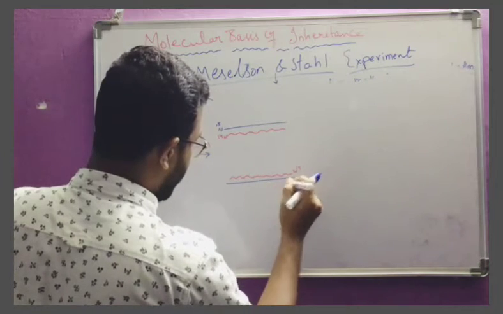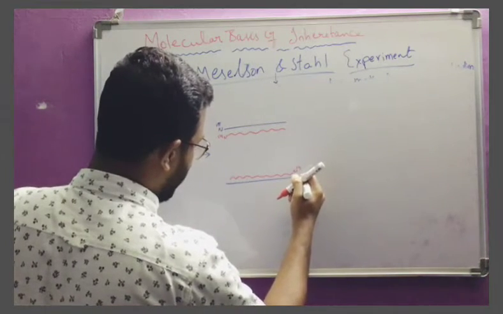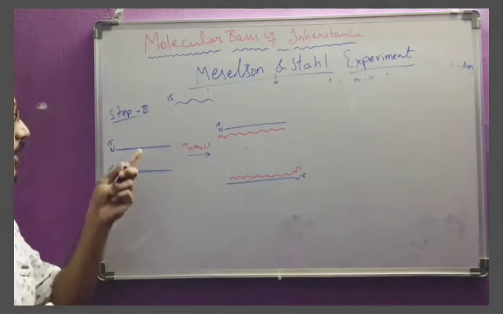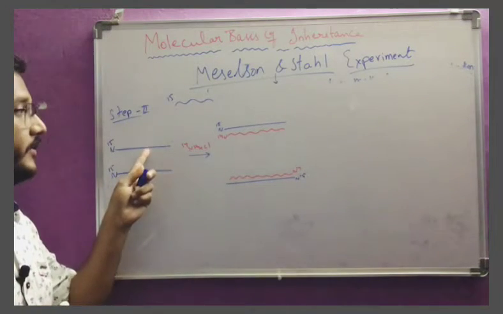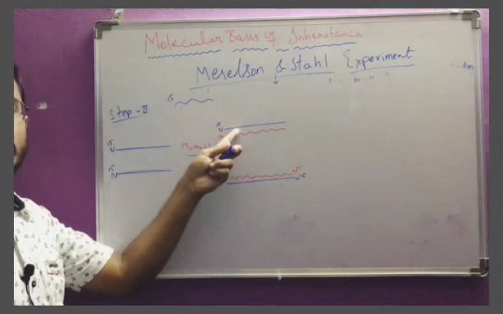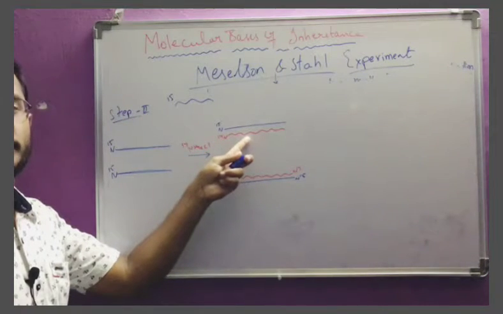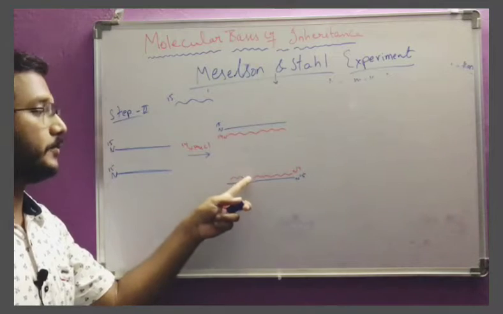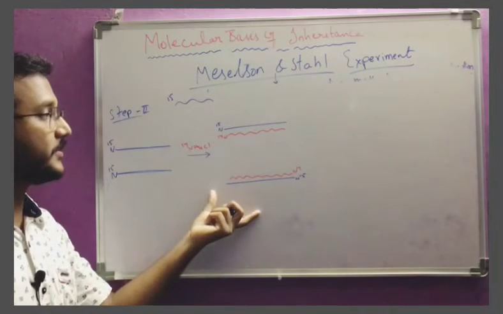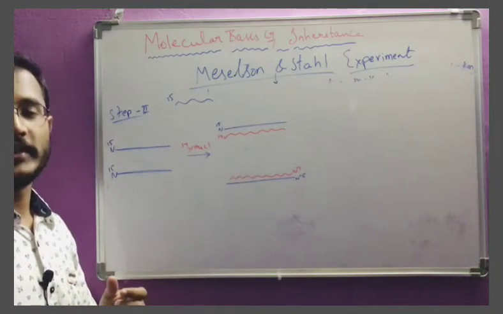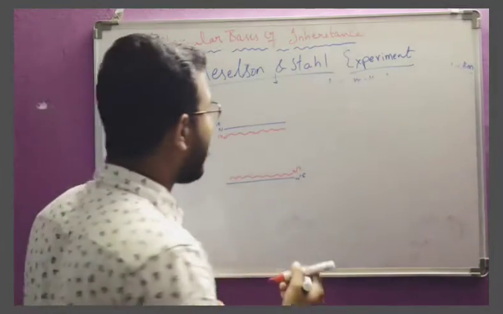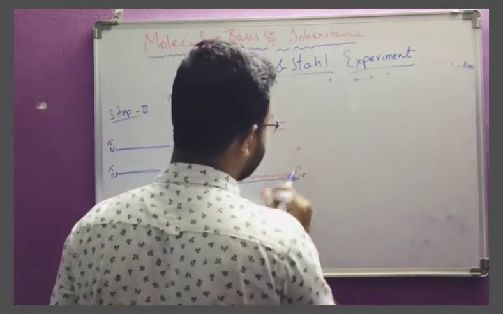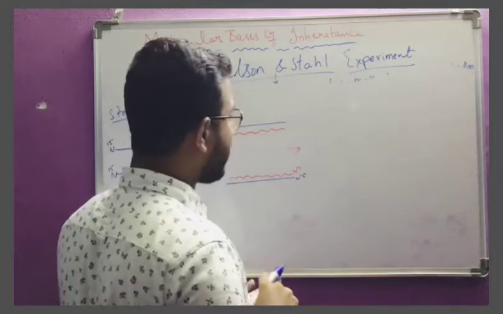This is N14, this is N15. See here, one parent strand goes to the next generation and it will prepare a new strand, and one parent strand will go for the next generation and a new strand will be formed. Here itself it is proved that the semi-conservative model is followed, and here they allowed for further generation.